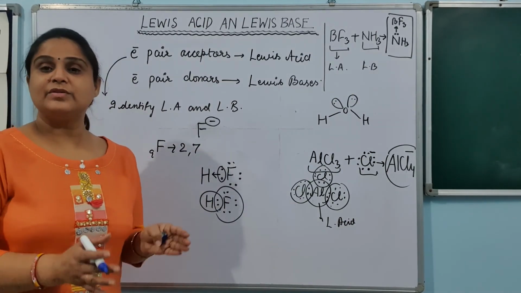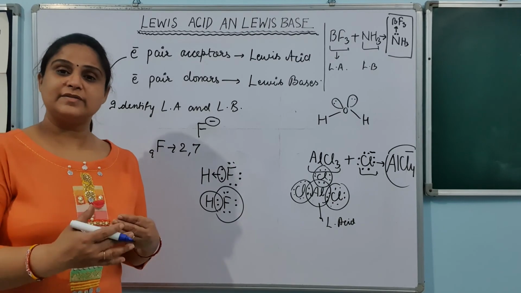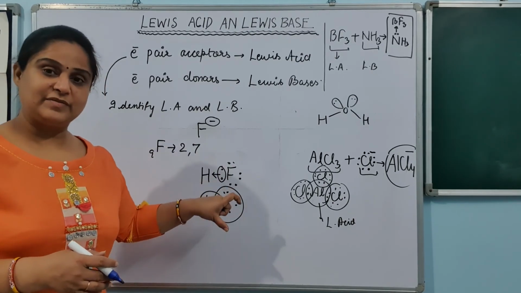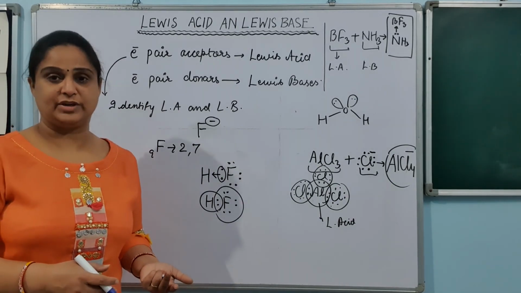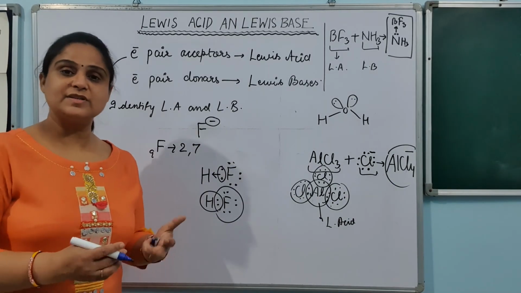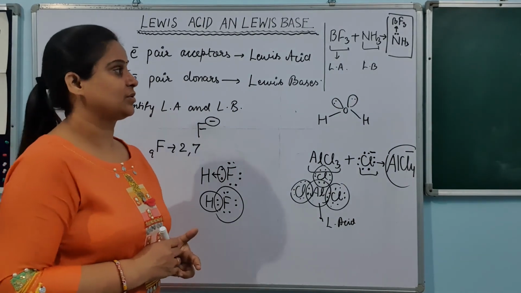In the coordinate bond, we don't show who is giving the electron. This is kept in between only, and it is one-sided sharing, but there is no difference in the representation. So this is what Lewis acid and Lewis base concept is.